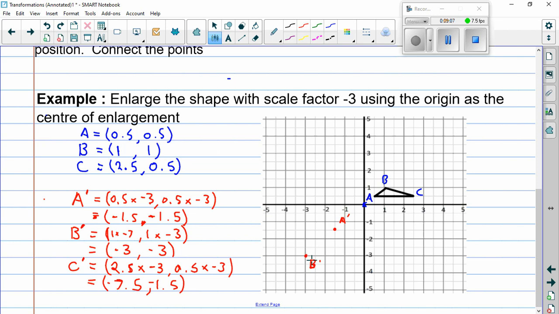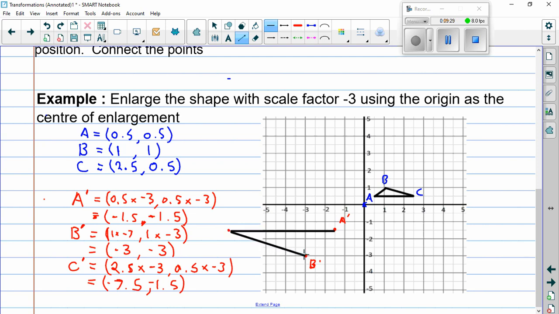And lastly, our C prime is negative 7.5, negative 1.5. Negative 7.5 we can't even fit on here, and negative 1.5 would be down here, so it'd be somewhere like here. If you're using a bigger piece of graph paper, this will work out a lot better for you.